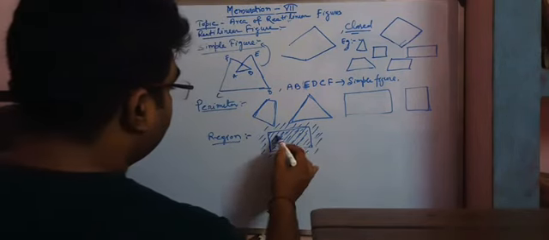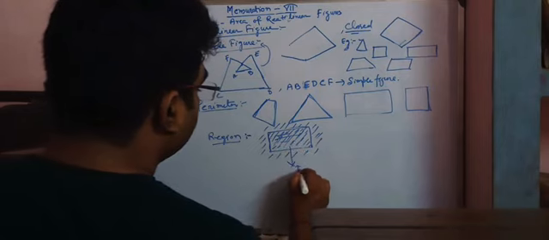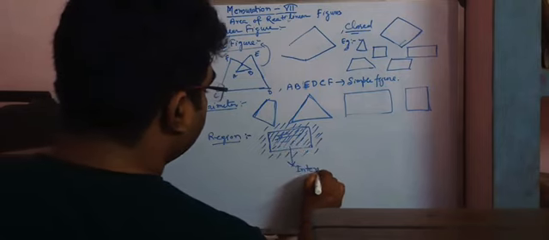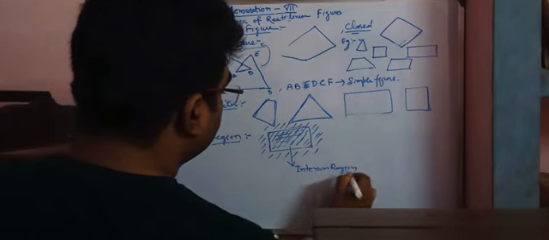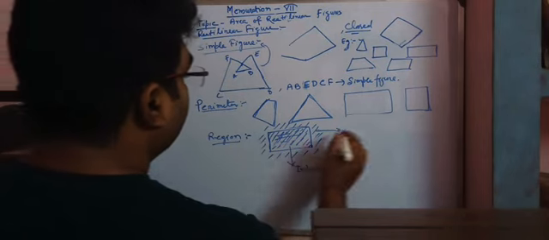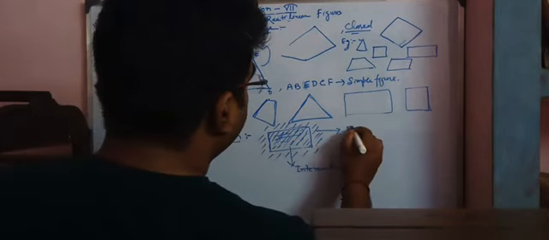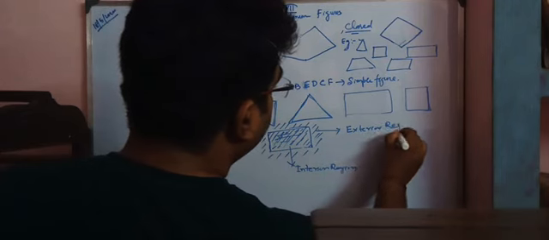The internal part is called the interior region, and the external part of the rectangle is called the exterior region.